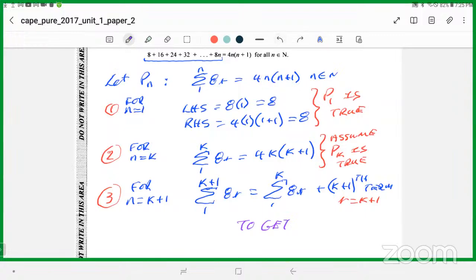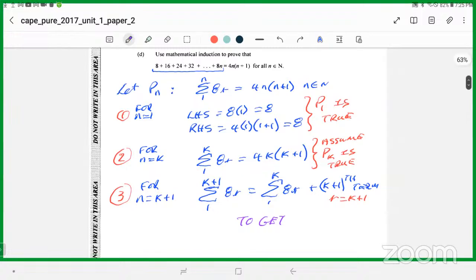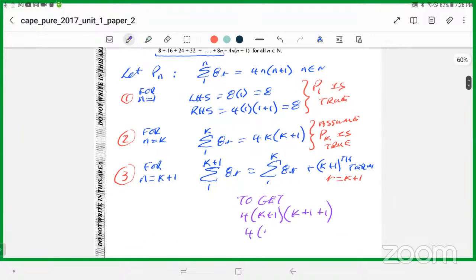So we're supposed to get 4 times k plus 1 bracket k plus 1 plus another 1, so 4 times k plus 1 times k plus 2.